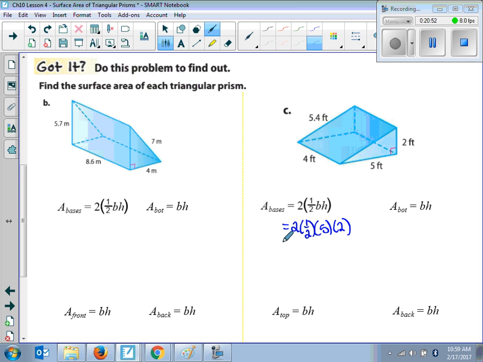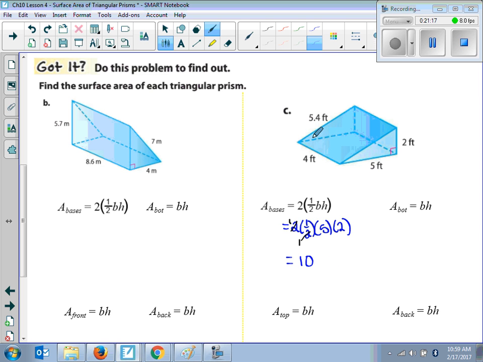And now we substitute it in. Now we can simplify. So here's a 2 on top, a 2 on bottom. Can I cancel those to 1s? Yes. So this cancels to 1. This cancels to 1. And now what's left is just 5 times 2, which is equal to 10. Very good. So that's going to be 10 feet squared. I'll write the units at the end.